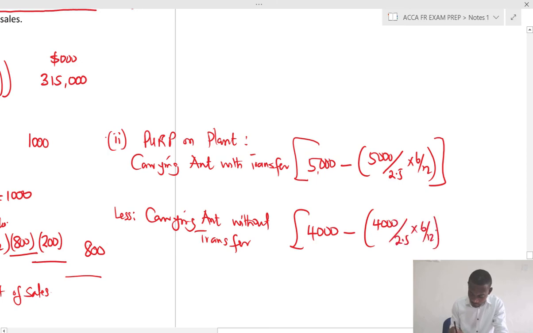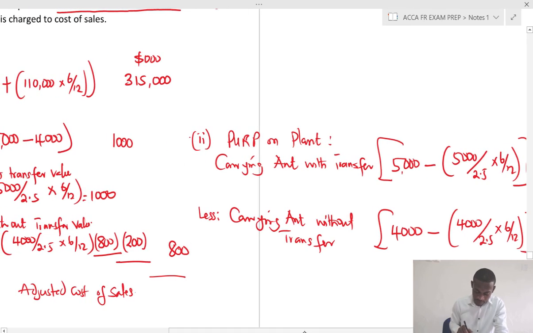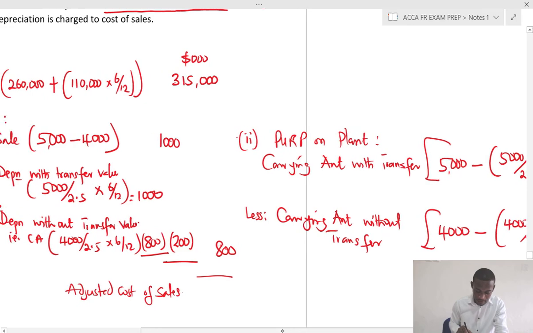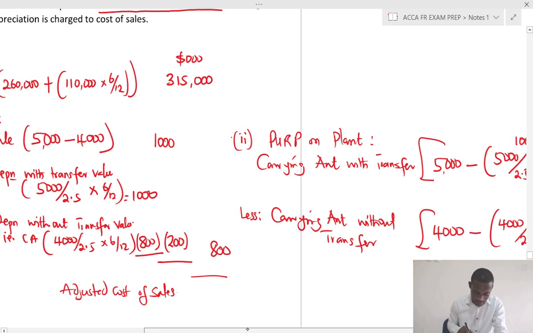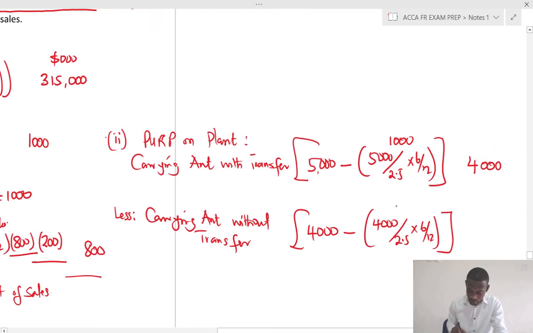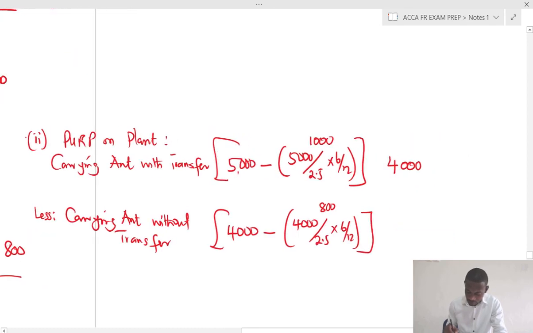Remember, when we were doing the first option, we had the depreciation to be 1,000 for the first one. So if this is 1,000, the carrying amount will be 4,000. And we had the depreciation here to be 800. So if this is 800, the carrying amount here should be 3,200. And when we deduct this from the total carrying amount, the net will be 800.